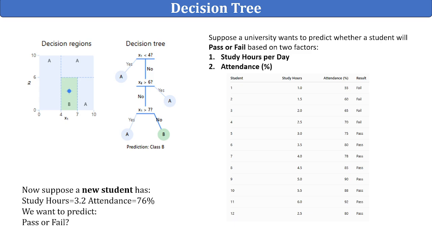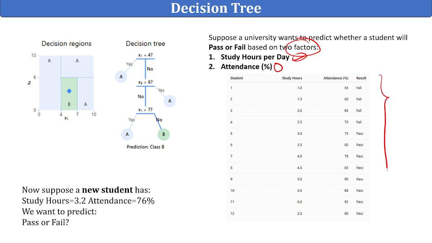Okay, so the whole idea is that let's say we'll take one example. Suppose that a university wants to predict whether a student will pass or fail based on two factors. First one is the study hours per day, and then the attendance percentage also.